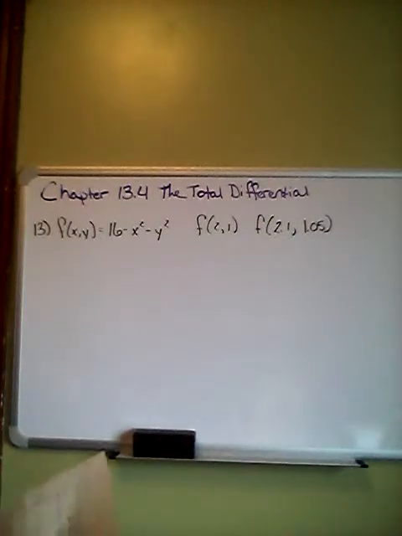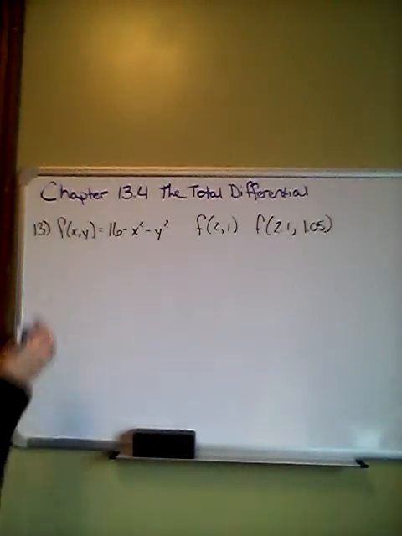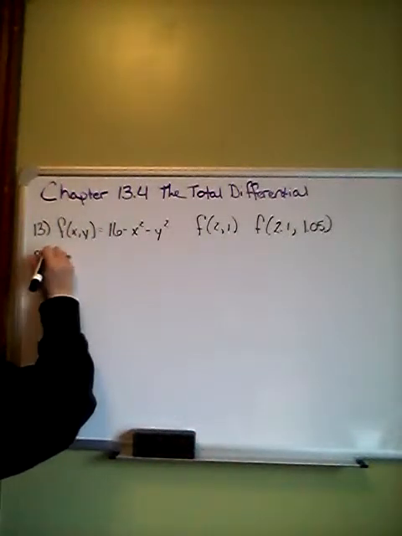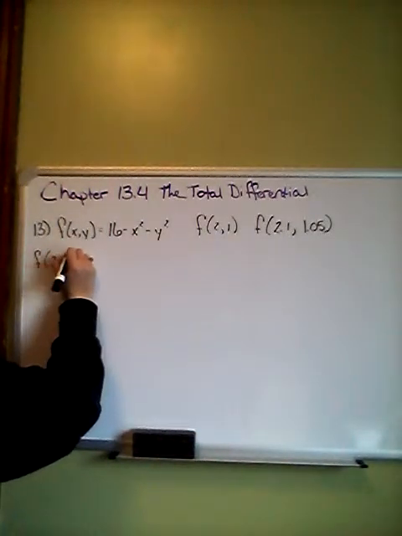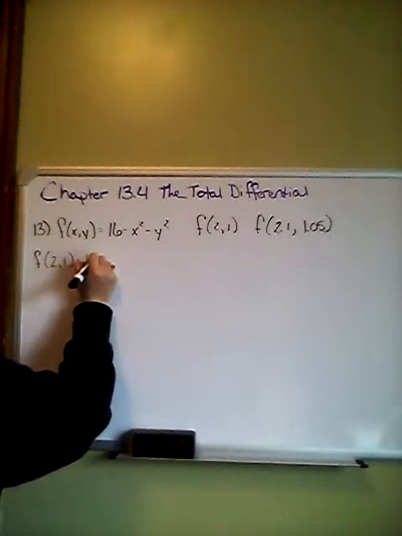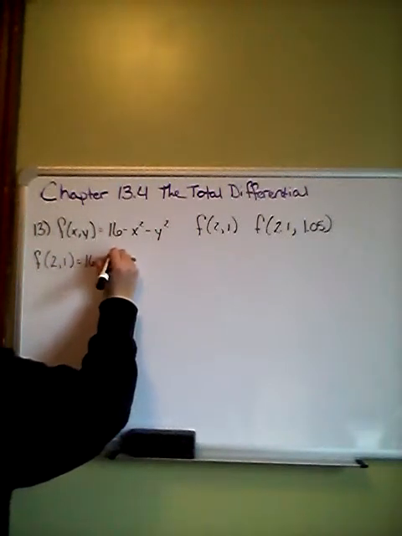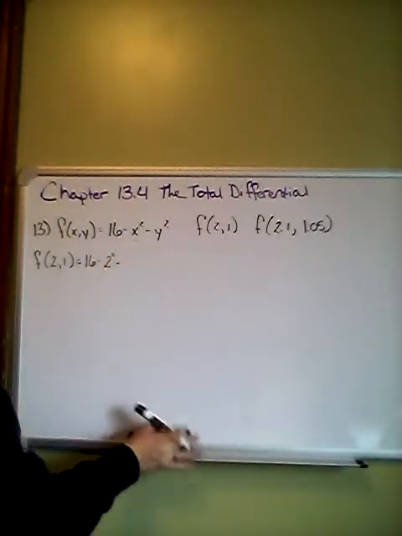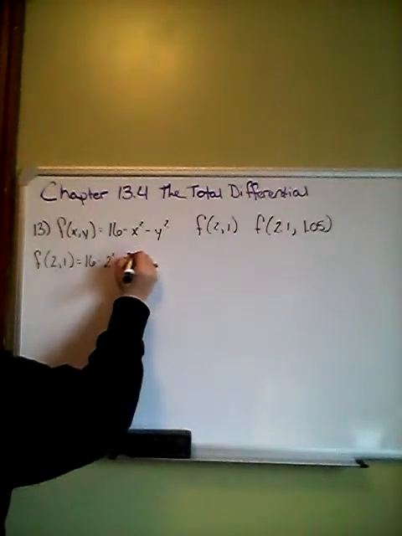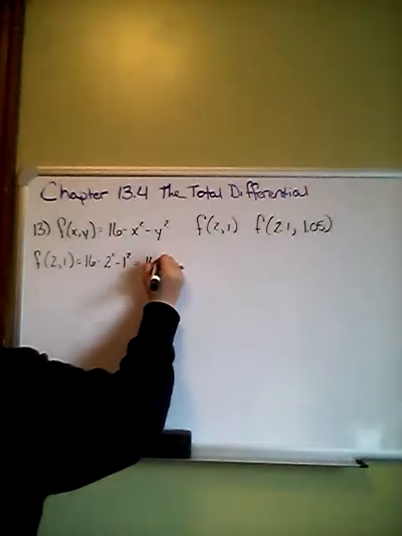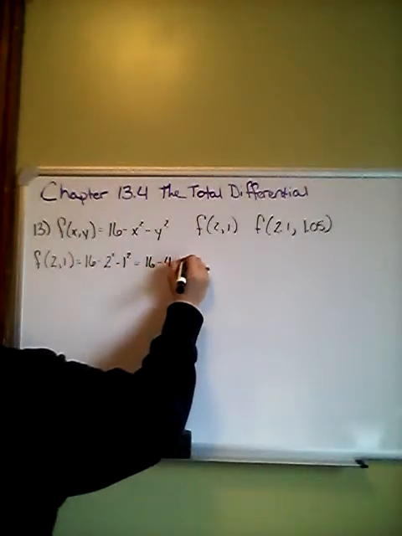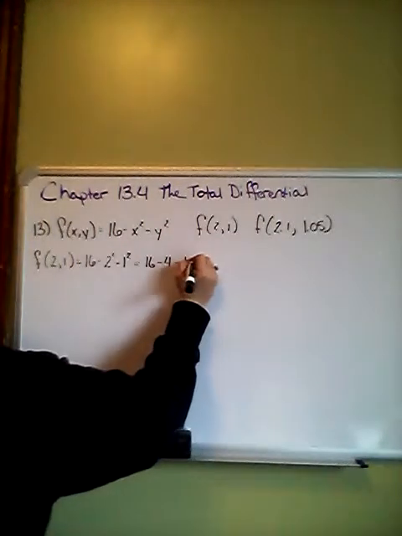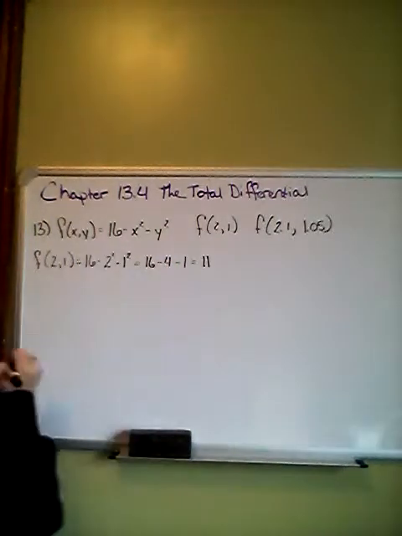So the very first thing that we are going to do is evaluate our function at these 2 points. So we're going to have f of 2, 1 is going to equal 16 minus 2 squared minus 1 squared, which of course is equal to 16 minus 4 minus 1, which is equal to 11.